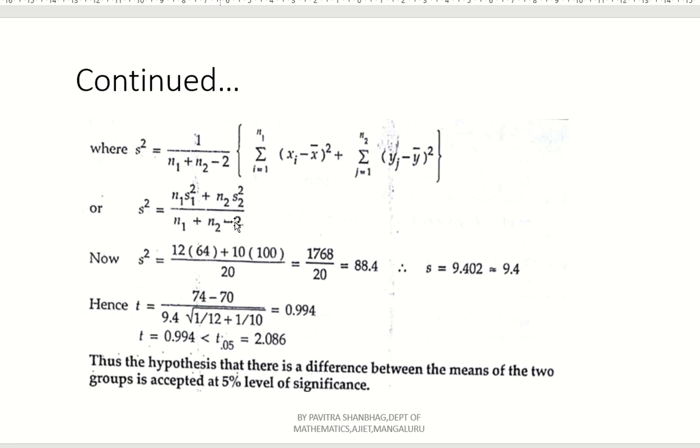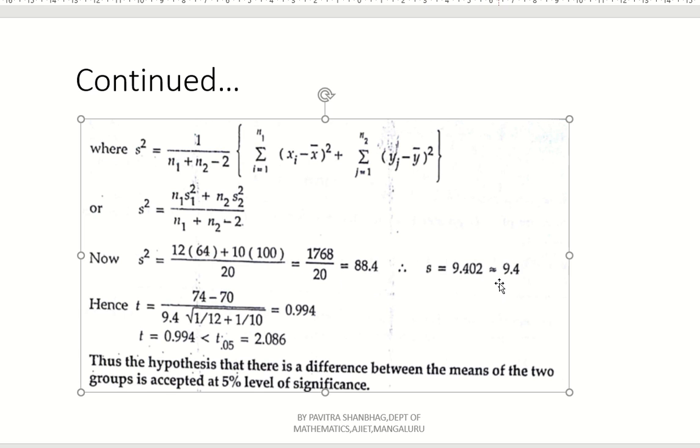Similarly, plus n2 is nothing but 10, s2 square means 10 whole square, divided by n1 plus n2 minus 2. n1 is 12, 12 plus 10 is 22, 22 minus 2 is 20. So you can find easily 1768 by 20, that is equal to 88.4, or S equal to the square root of this, that is 9.402 or 9.4.